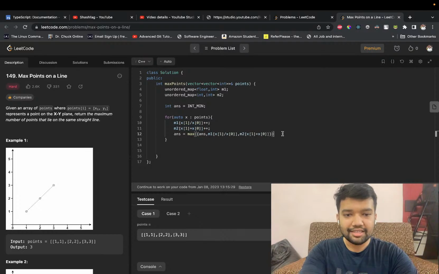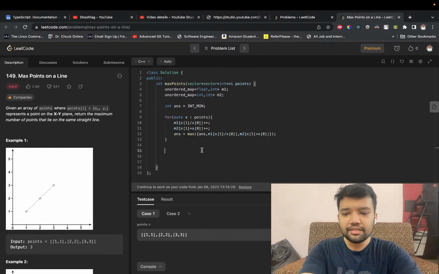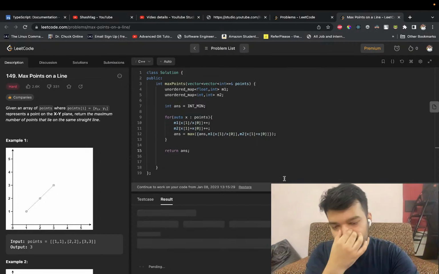I hope the syntax is correct, because I just saw the syntax somewhere and thought okay, this is good, but I haven't used it any time. Let's return answer and try to run it.